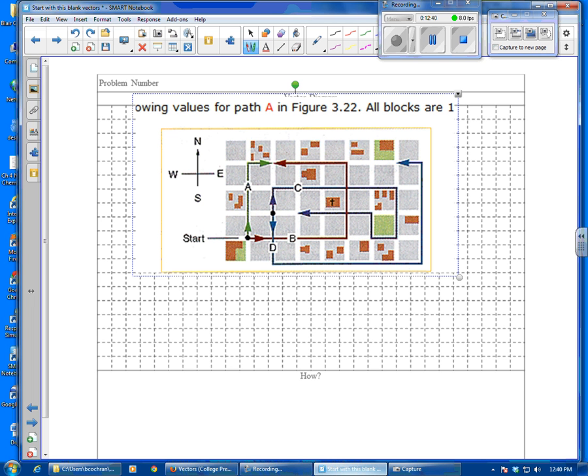Now my displacement, okay? I'm going to draw it right on here. I'm going to start where I start and end where I end. End right there. And now I'm going to look at, that is 1, 2, 3, 4, 5 blocks that way, and 1, 2 blocks that way.